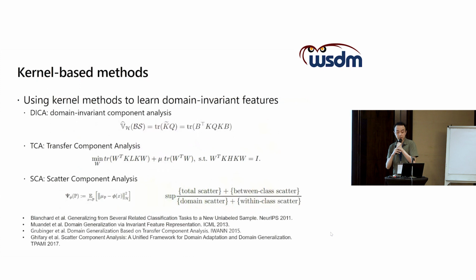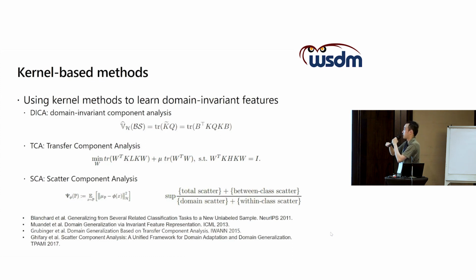So the first method for this representation learning is based on the kernel method. This kind of kernel method is also similar to other kinds of classification problems like the support vector machine, by using the kernel method. So the idea here is whether, using this kernel method, we can learn this domain environment information.